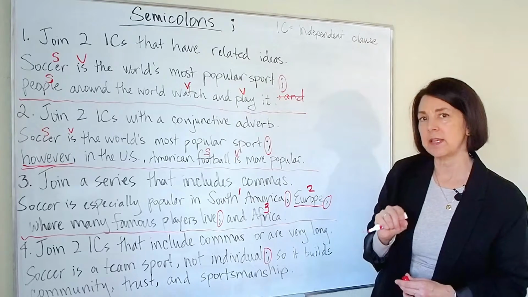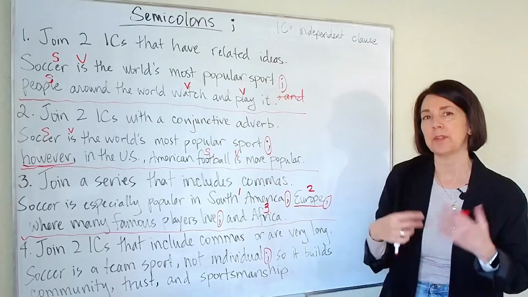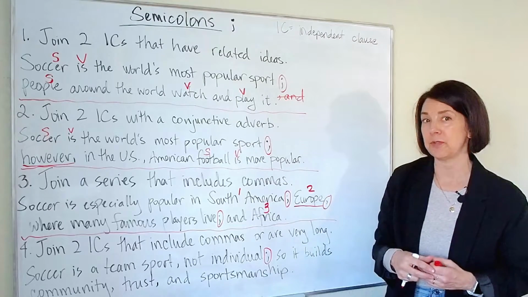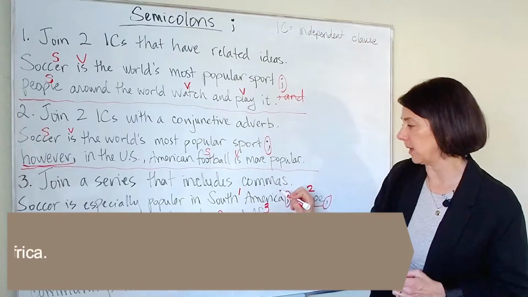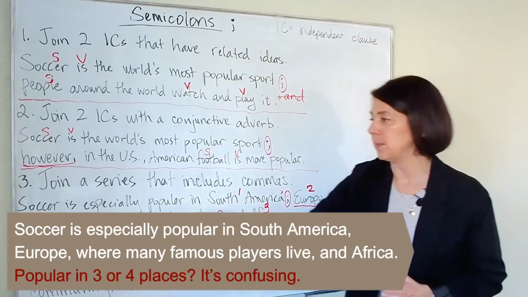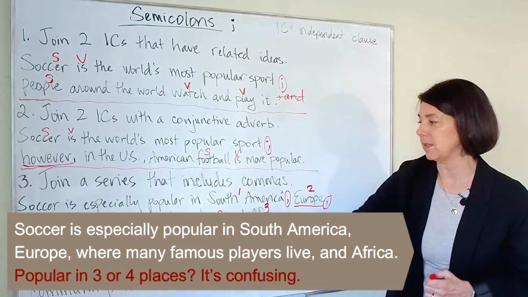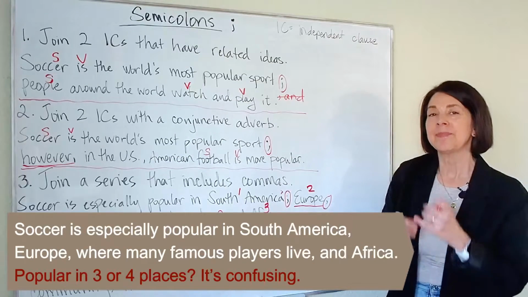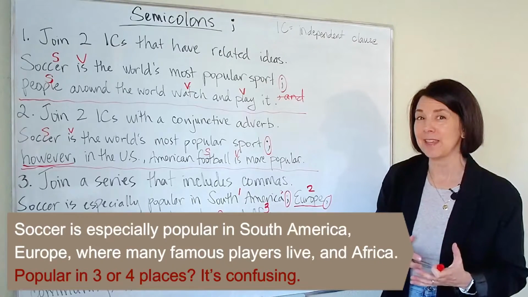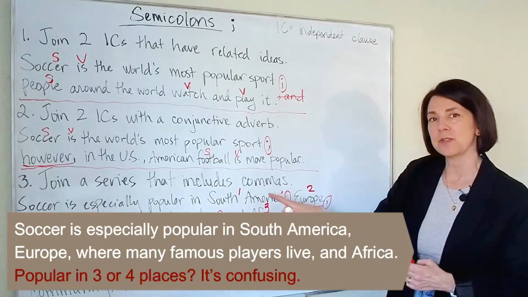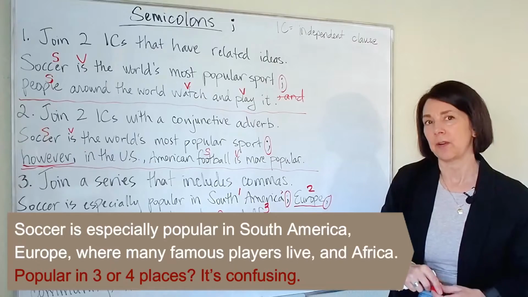This makes sense if you replace these with commas and you'll start to feel that it's confusing. If we say soccer is especially popular in South America, comma, Europe, comma, where many famous players live, comma, and Africa, the commas then become confusing because they're separating different things. So it's better to separate the series with semicolons.